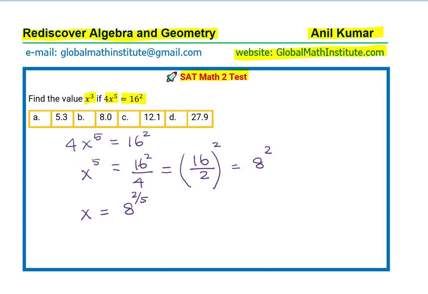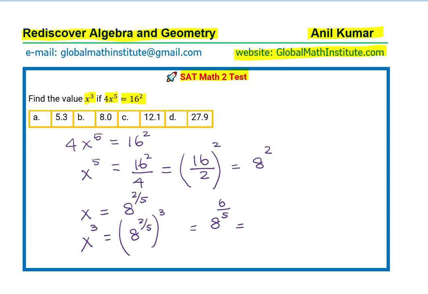And if you want to find x cubed, we'll just take a power of 3, right? So this will be 8 to the power of 2 over 5, to the power of 3. And that gives you 8 to the power of 3 times 2, 6 over 5. Makes sense?